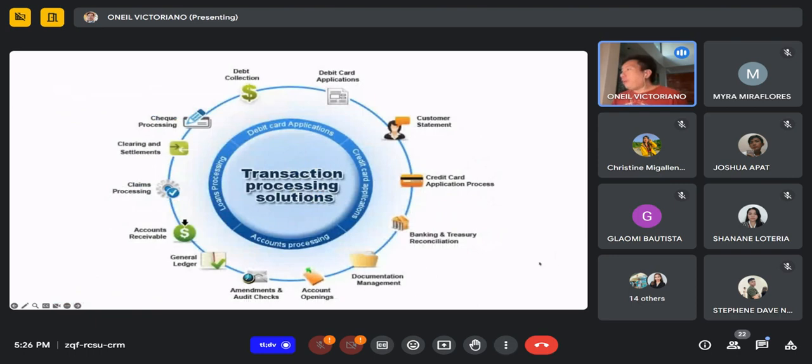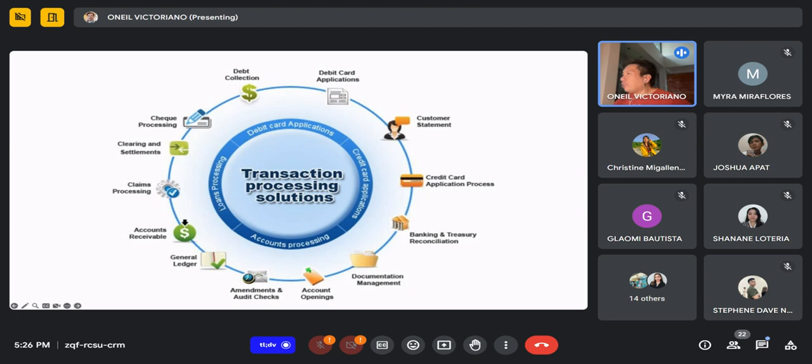So we have different kinds of transaction processing systems, which are use cases for business. So we have debit card applications, we have collections. And then we have credit card applications, like looking into a customer statement, creating customer statement, processing of credit cards.